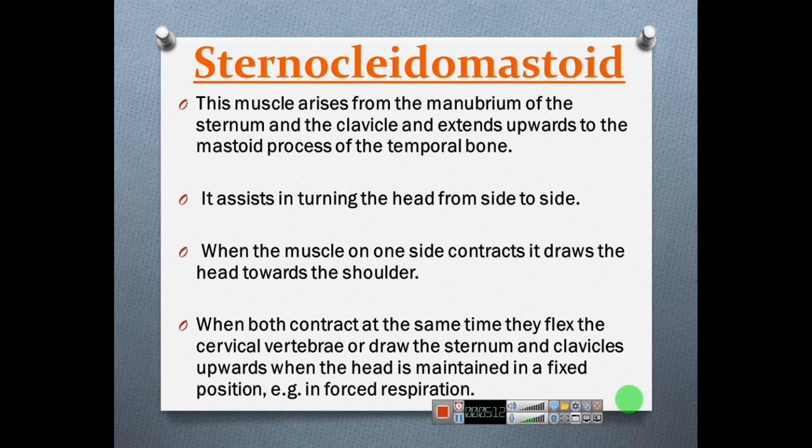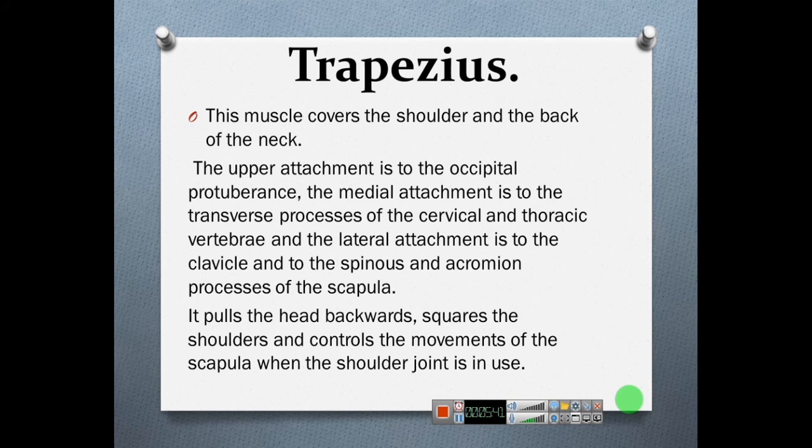When both contract at the same time, they flex the cervical vertebrae or draw the sternum and clavicles upwards when the head is maintained in a fixed position. For example, in forced respiration, we use these muscles.